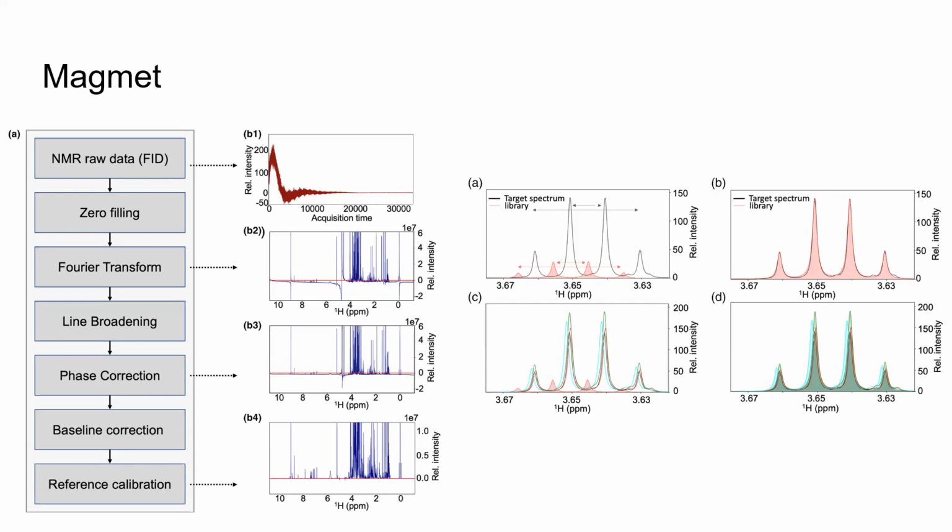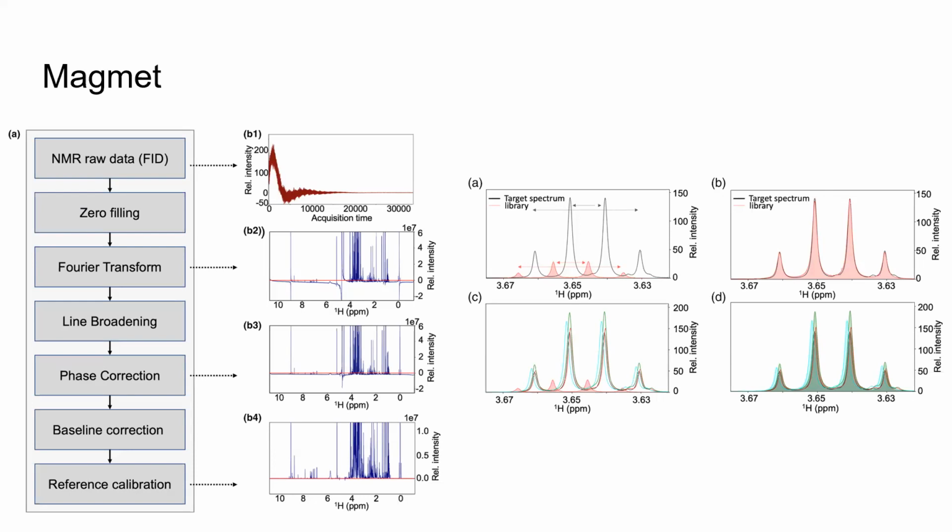And then it tries to identify the compounds by comparing the spacings between the peaks in the unknown sample and the library of spectra in Magmet. If it finds a match, it will try to fit that compound.